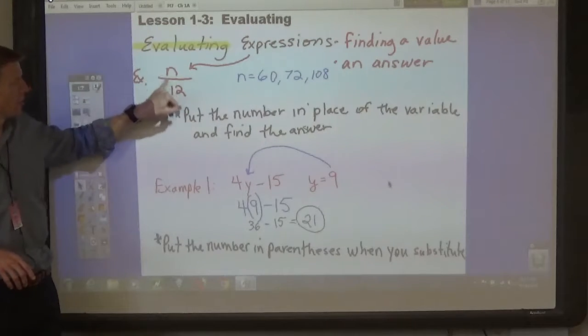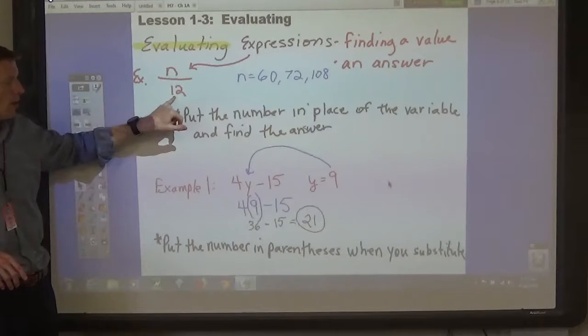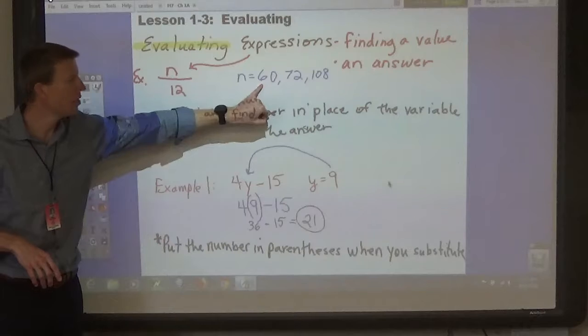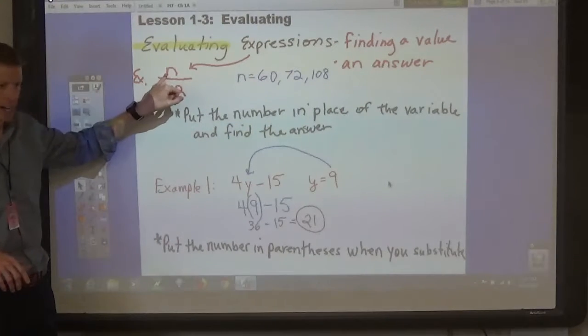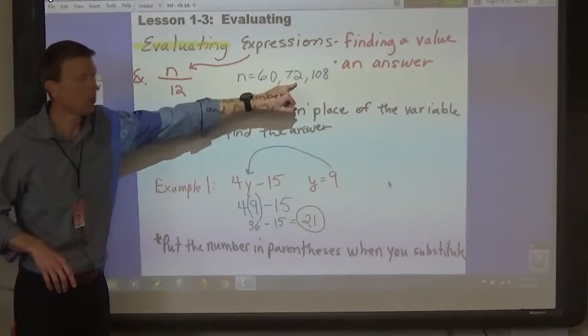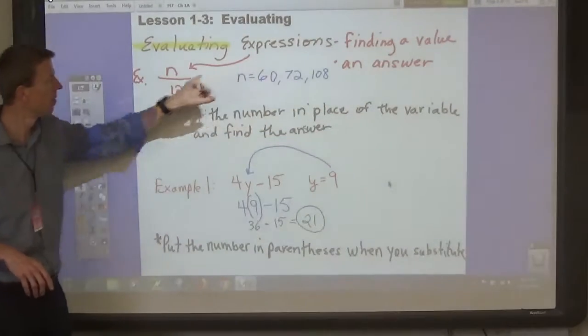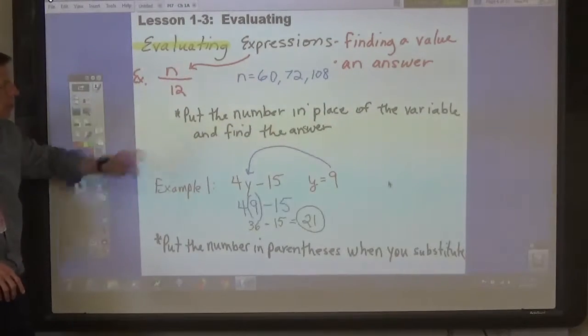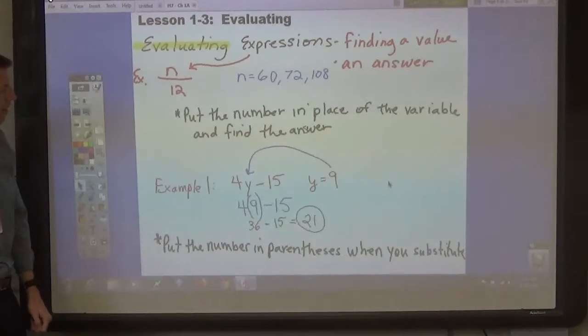So look at this expression. It's simply n divided by 12. Well, if they tell you what n equals, then you can put that number in for n to find the answer. And then you do it again with the second value for n. And the third value for n. So you put the number in place of the variable, and then find the answer.